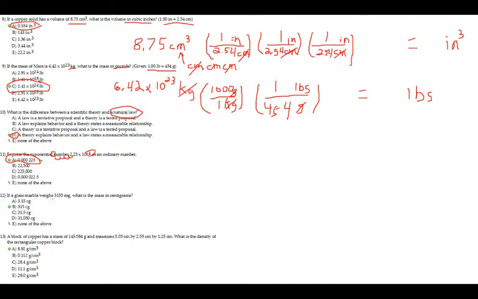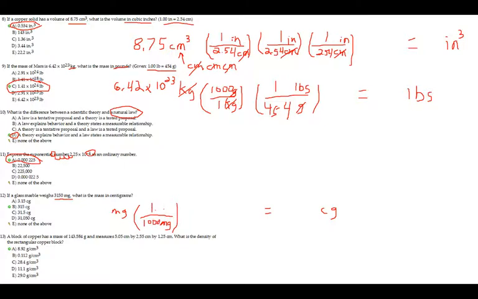12, this is a metric conversion from milligrams to centigrams. You might not have memorized a direct conversion from milligrams to centigrams, so you have to go through the base unit here. So relate milligrams to grams, the base unit.